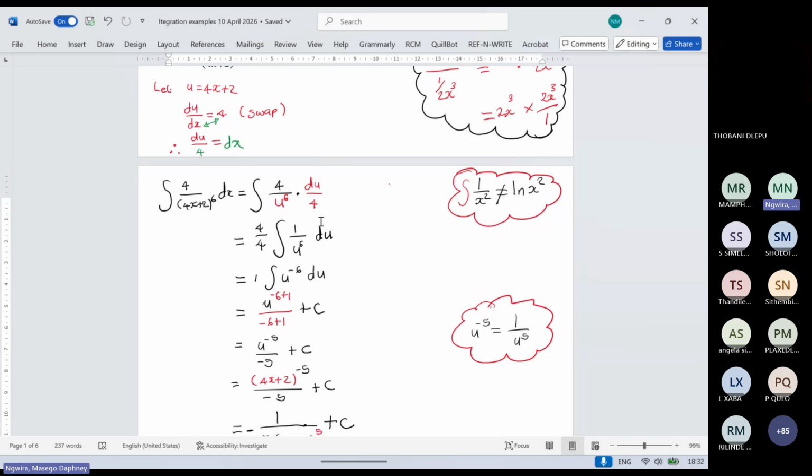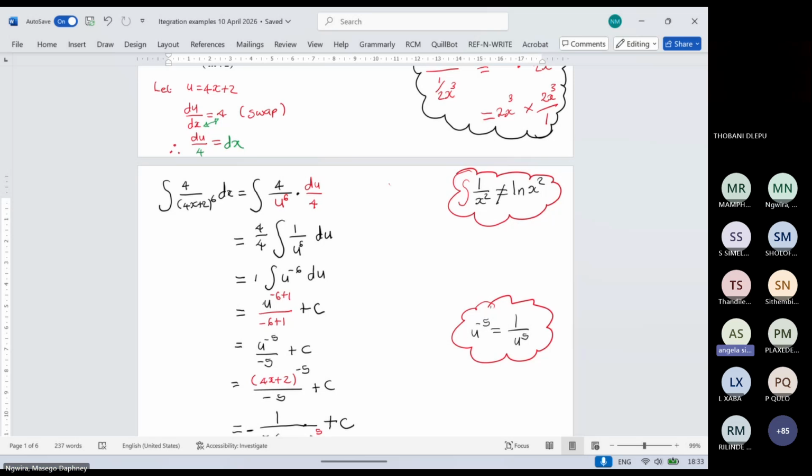When we have a bigger exponent, like 6, even 2, from 2 to infinity. Because with 1, I have to use the ln.